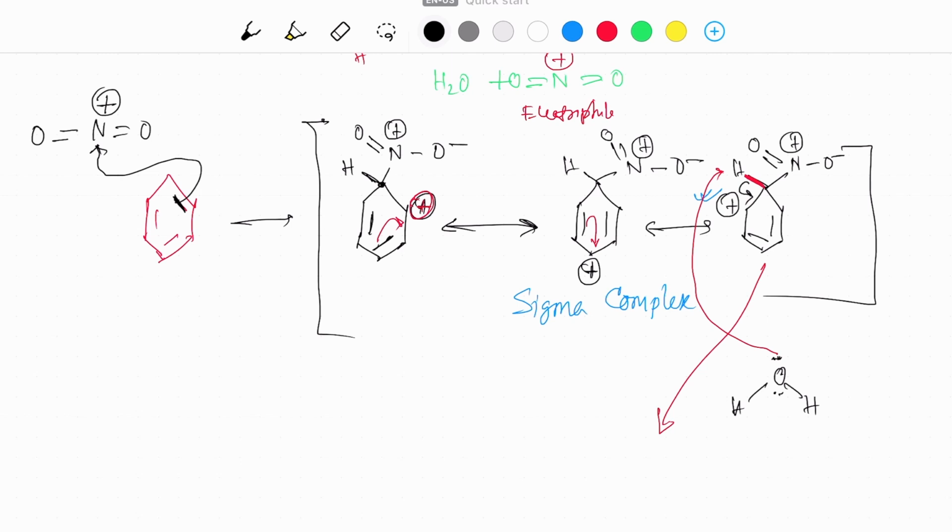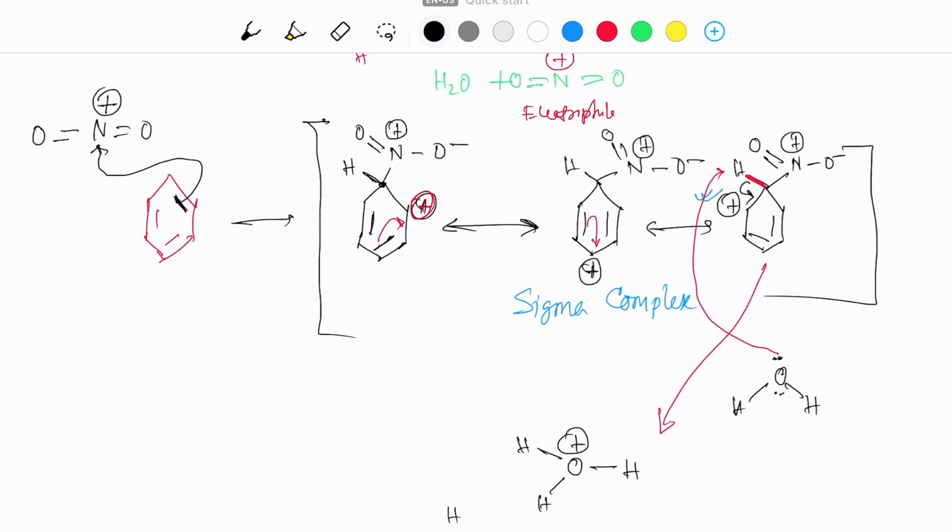So now we have one oxygen atom that pulled away the hydrogen atom, right? And we have a positive charge on this oxygen atom. That means H3O plus. You all have seen this before.